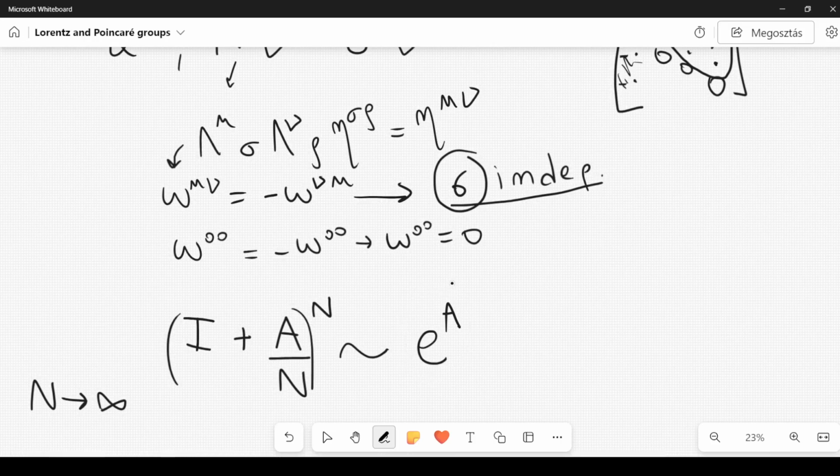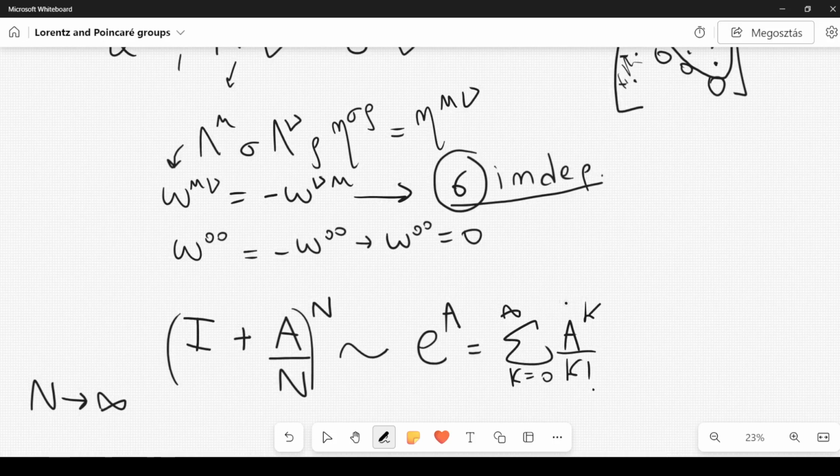So if you study the infinitesimal properties of the group, you are basically able to understand also the finite properties of the group. This is the idea. And the exponential of a matrix, let me just remind you what this is about. Basically, you have to think that you're considering the expansion of this exponential. So you're summing over k from 0 to infinity, A to the power k divided by k factorial. This is how you can interpret the exponential of a matrix.